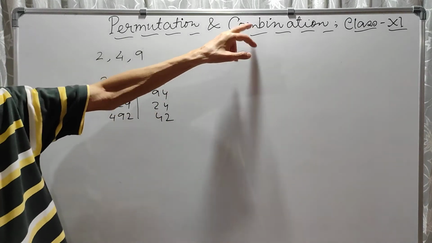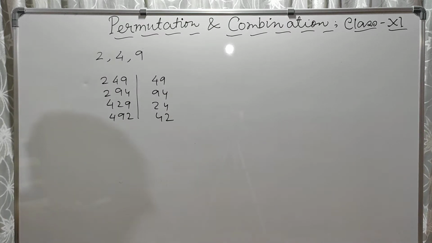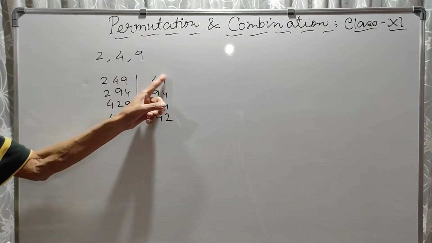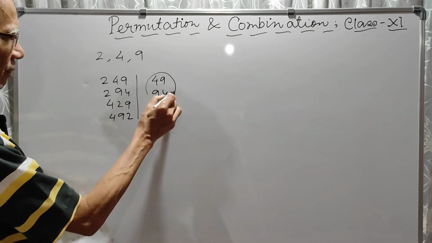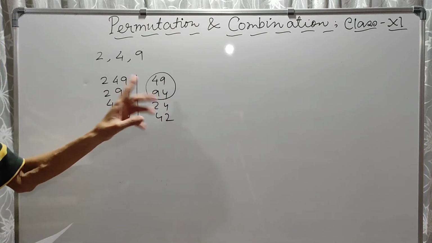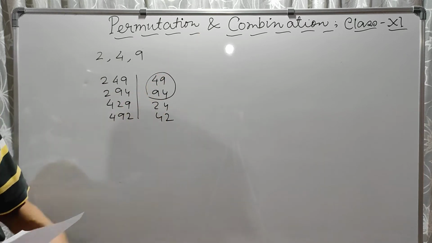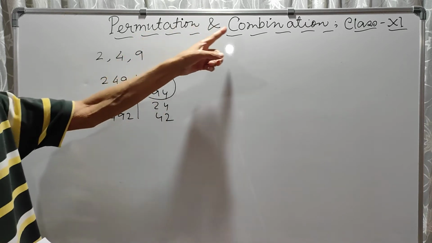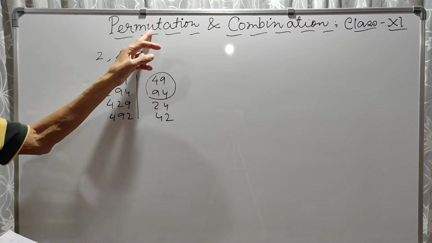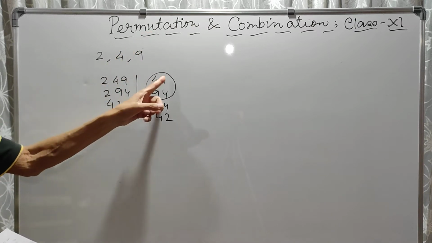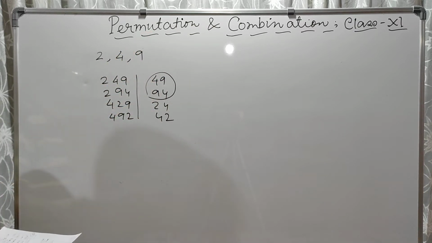But when you go to combination, you will see order is not important. So when you do combination, 49 and 94 are the same, because 4 is present, 9 is present. So you see only the presence of the objects, not their order. This is the main difference between permutation and combination. In permutation, the order is very important. 49 is different from 94.